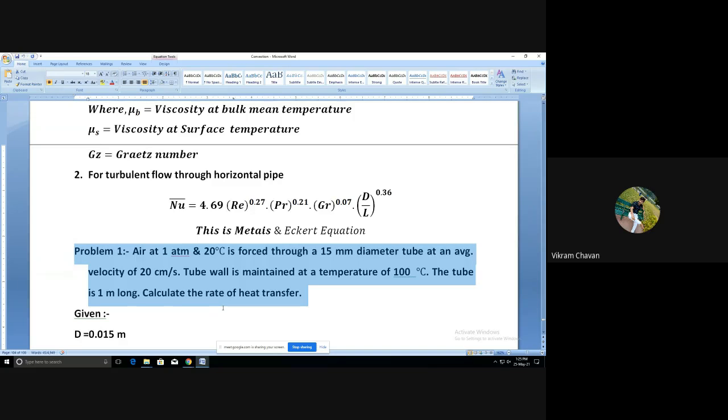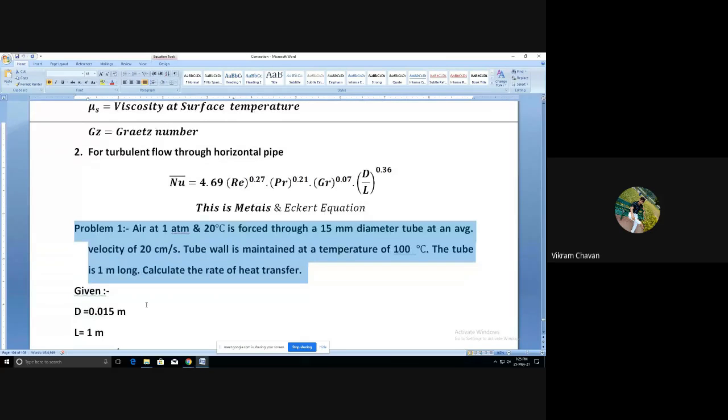The given data is provided: tube diameter, tube length, flow velocity, and the pressure of 1 atm is also provided. Average velocity is provided, and we have to calculate the rate of heat transfer.